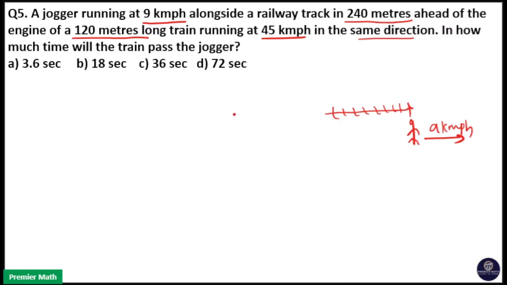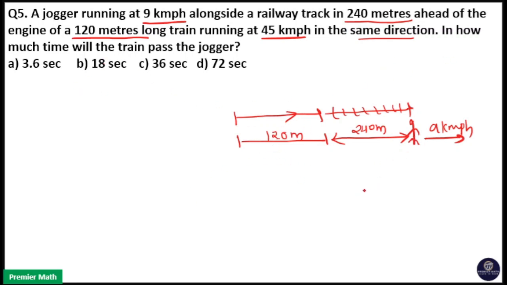That means if the train is here, he is 240 meters ahead of this train engine. So the distance between the jogger and the train is 240 meters, and the train length is 120 meters. Then we have to find out in how much time this train will pass this jogger.